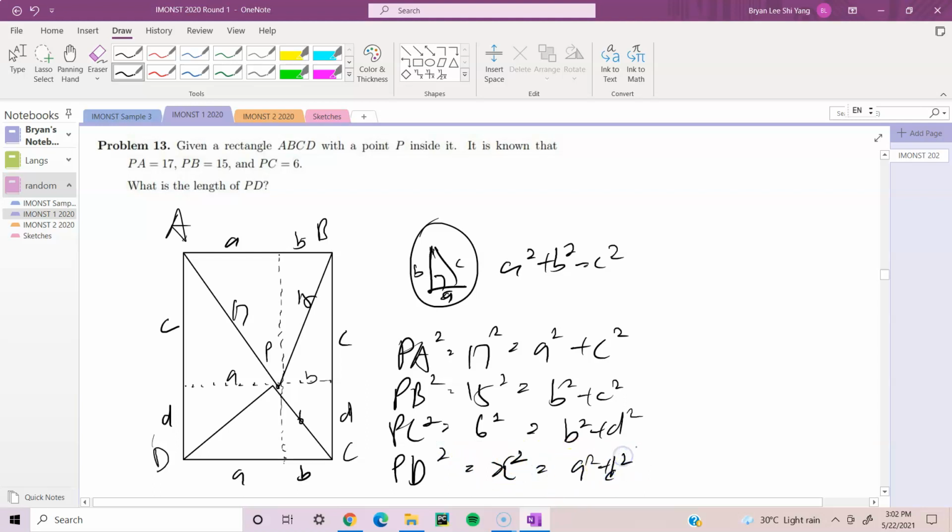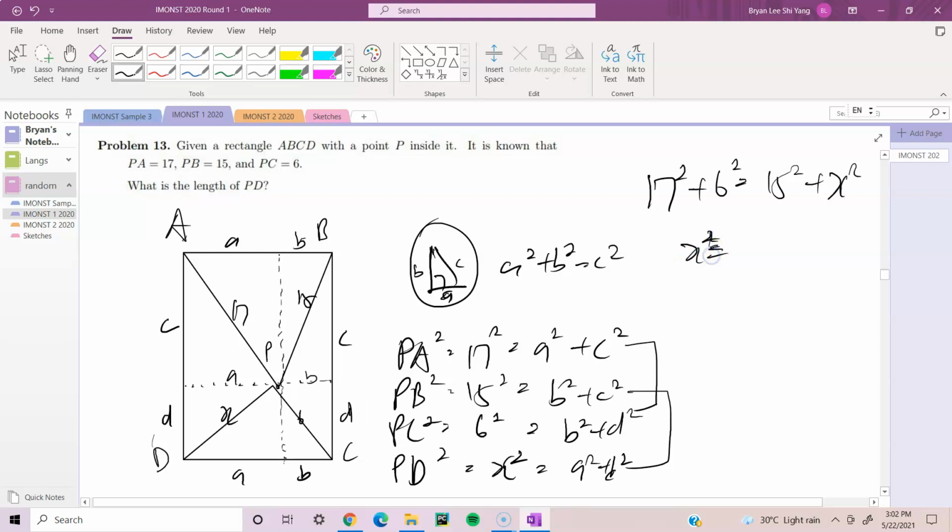Now, observe that when you add up PA squared and PC squared, it is the same as the sum of PB squared plus PD squared, right? So from here, we can just simplify this whole thing down into 17 squared plus 6 squared equals to 15 squared plus X squared, right? So we just need to find X squared.